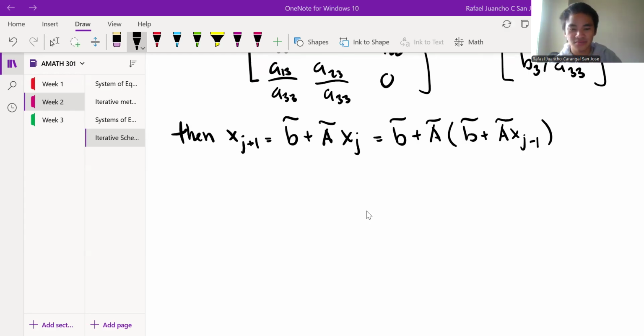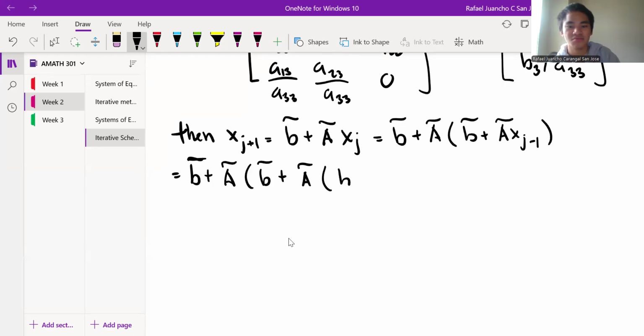Another thing is, we can go on: b tilde plus a tilde times b tilde plus a tilde times b tilde plus a tilde xj minus 2. I'm gonna be honest, I have no idea how many of these we used.